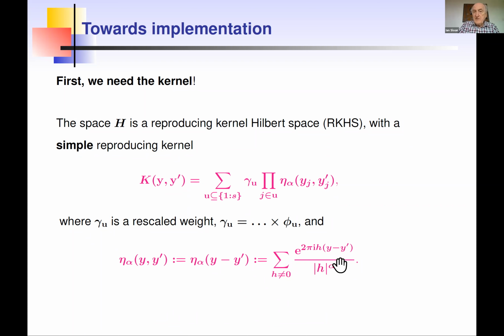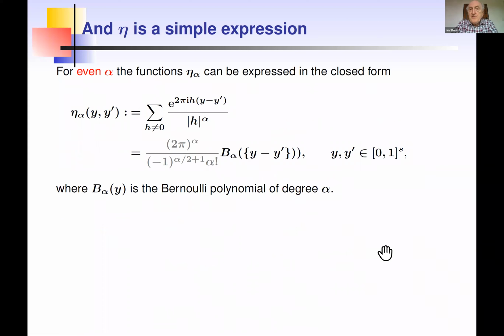And eta is a trigonometric sum, a one-variable thing, the sum over h of something to the alpha. If alpha is even, these functions are known in closed form. They are, in fact, Bernoulli polynomials.